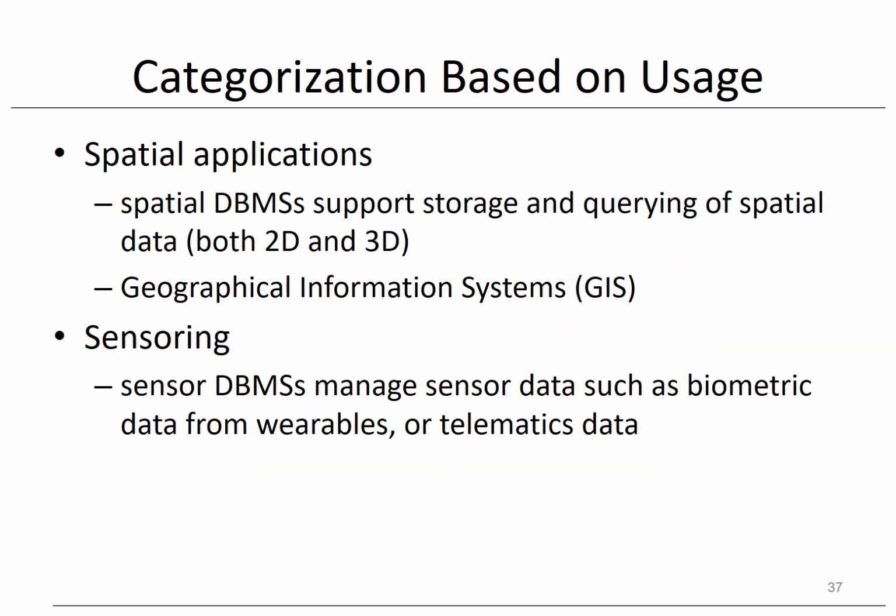A spatial DBMS supports the storage and querying of spatial data. This could include both 2D objects such as points, lines, and polygons, and 3D objects. Spatial operations like calculating distances or relationships between objects such as whether one object is contained within another, intersects with another, is disjoint from another, etc. are provided.